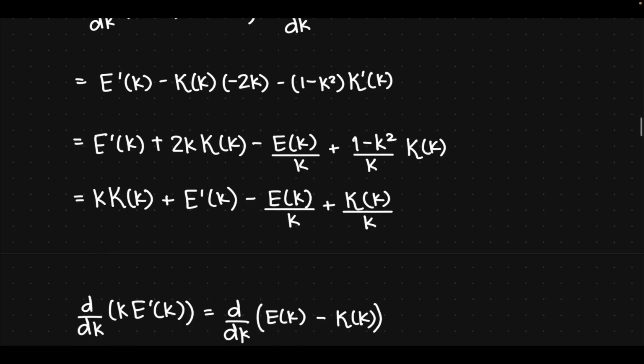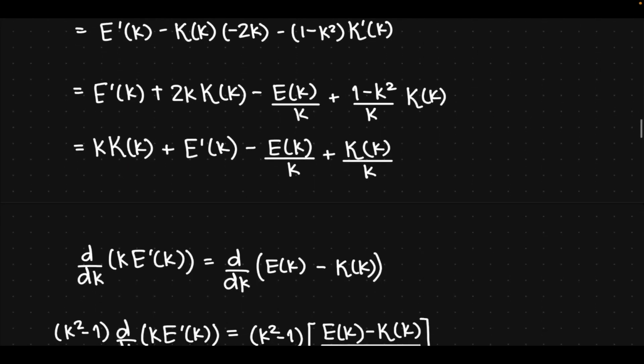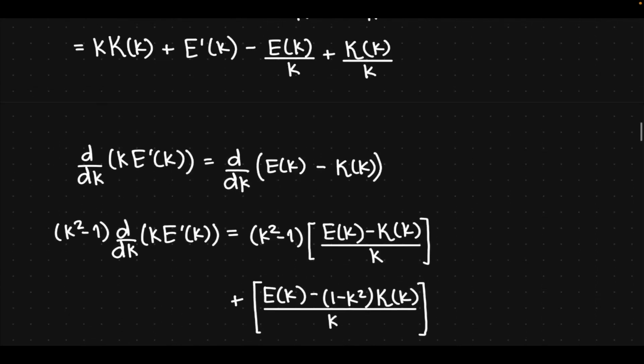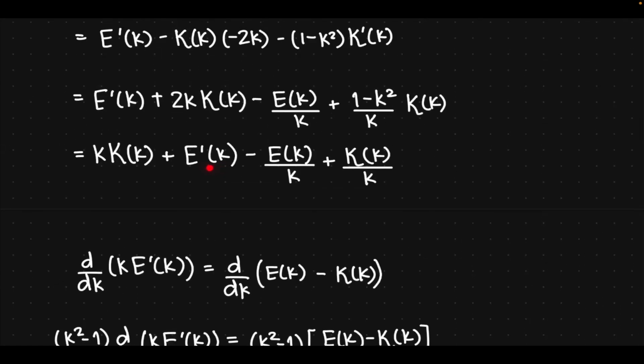And when we substitute for E prime of k, E prime of k just cancels off with these other terms, because this entire term apart from the first term is identically 0 because of the equation for E prime of k.